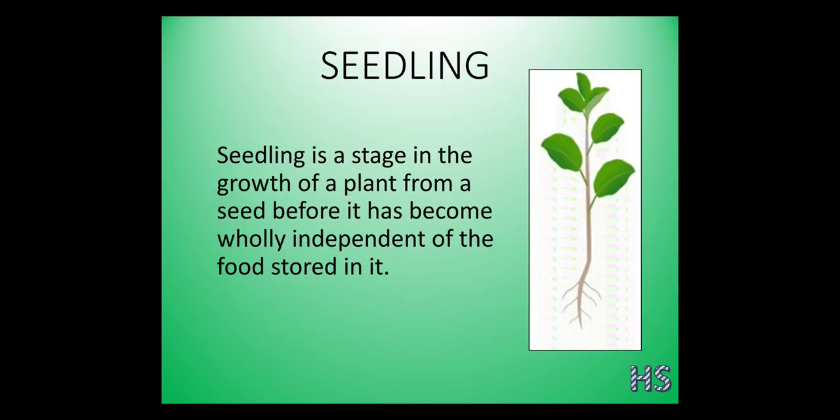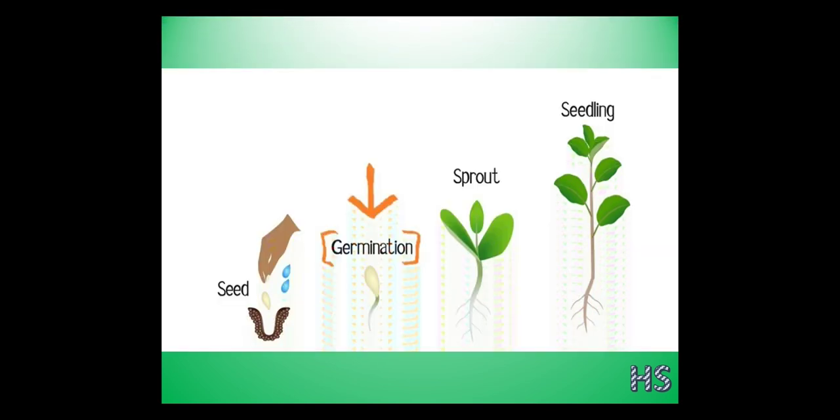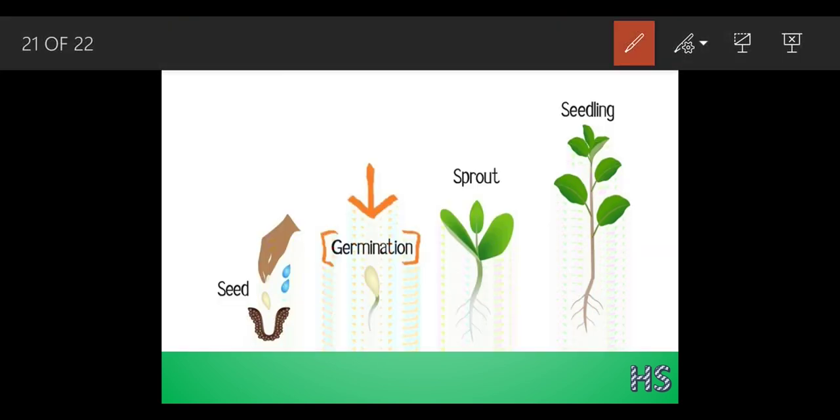Now we are going to learn about the seedling condition. Before starting, let's understand this diagram. We are going to insert a seed first, and provide it the favorable conditions. When we provide them, it will start to germinate. It will convert into a sprout, a condition which is not fully developed.